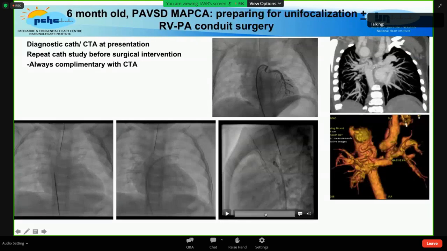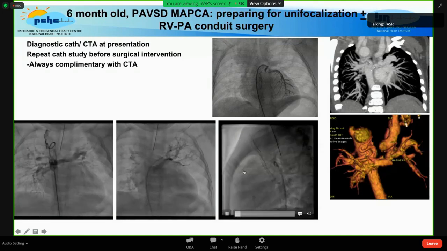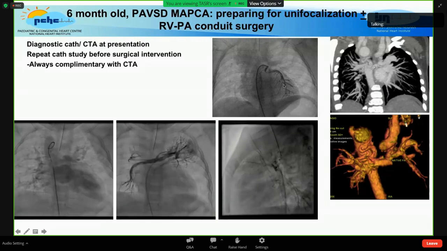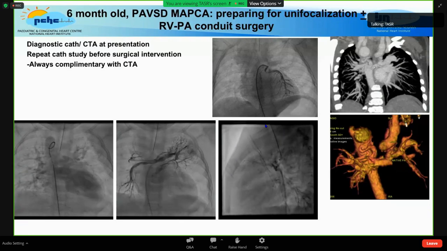So this is a simple example. This is a 6-month-old patient with PA-VSD MAPCA, and this patient was prepared for unifocalization surgery plus or minus RVPA conduit surgery. This is the initial diagnostic catheterization, which showed multiple MAPCAs, and the selective shot showed the presence of a good-sized native pulmonary artery, and some other selective shots showed probably stenosed takeoff of the MAPCAs.